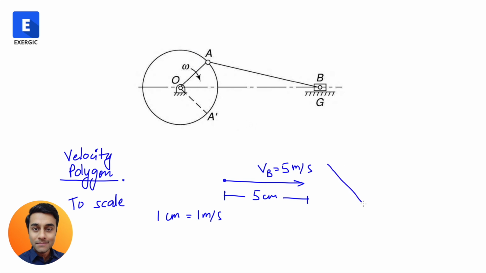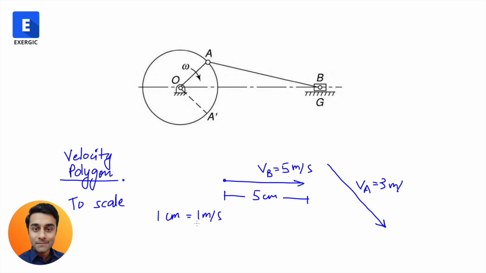I cannot draw a vector of random length like this and say that VA is equal to 3 meter per second. No, it is incorrect. It looks longer than this one. If this one was representing 5 meter per second, its length was 5 centimeter, then how can a longer vector have only 3 meter per second speed? Its speed should be higher than the 5 centimeter one, right? So length and the speed which the length is representing should be coherent, they should be consistent.